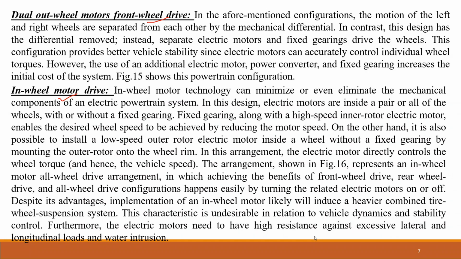Furthermore, the electric motors also need to have high resistance against excessive lateral and longitudinal road loads and water intrusion. So wear and tear will be much higher. So for that purpose, the motors should have high resistance against excessive lateral and longitudinal road loads. So these are the different configurations of the converted and the dedicated types of electric vehicle powertrain configurations.